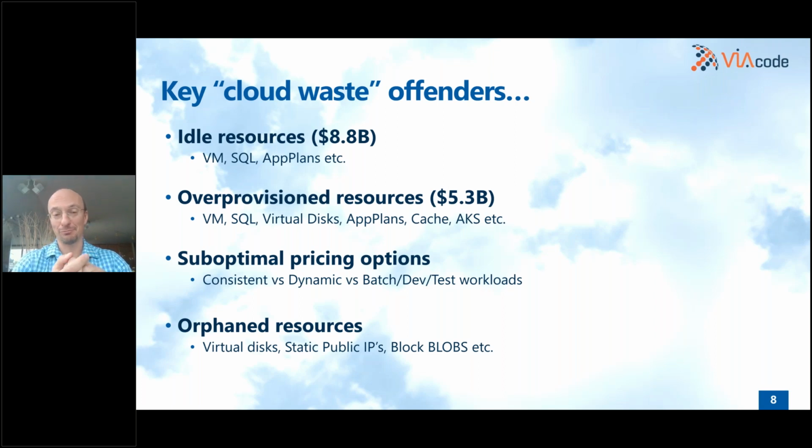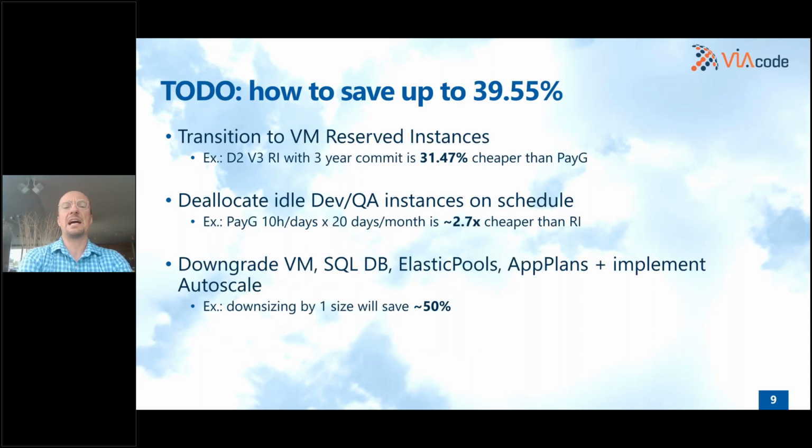Sounds funny, but that's true. So those four big buckets represent a high-level framework for you to use when you're analyzing your key cloud waste offenders.